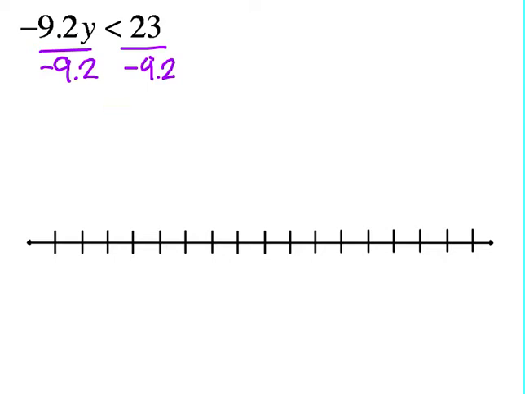So I get y is, what does that come out to be? 2.5. -2.5, yep. So I'm going to start at 0. If I go -1, -2, -3, what type of circle am I going to have? Open. And which way am I going to shade?